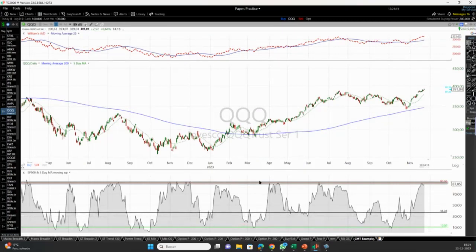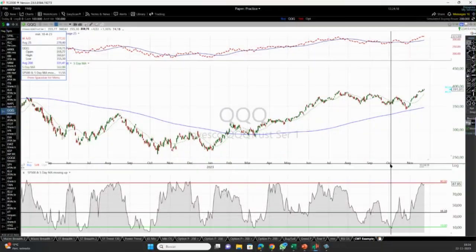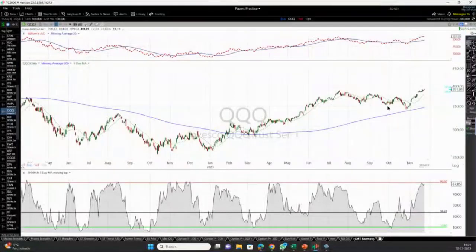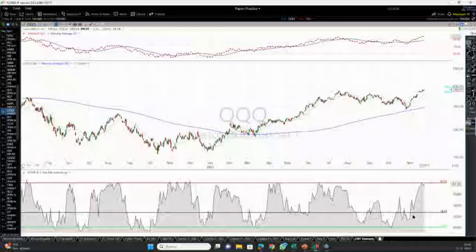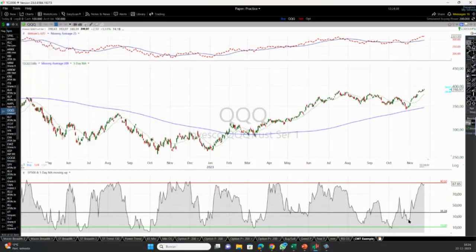Usually when we get below 10%, it's a market that's very oversold. You can also get divergences, like what we were talking about here. We made this lower low in the Nasdaq, but the percentage of stocks with a positive 5-day moving average was 24% here and not 10% here.